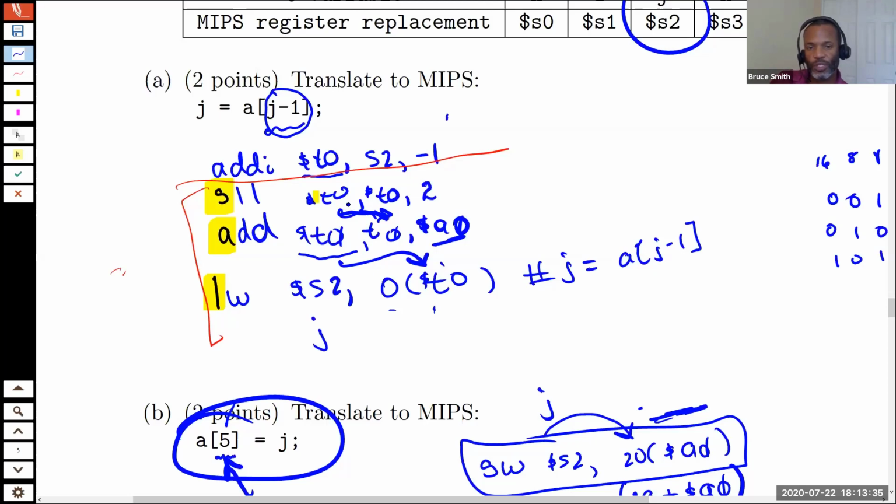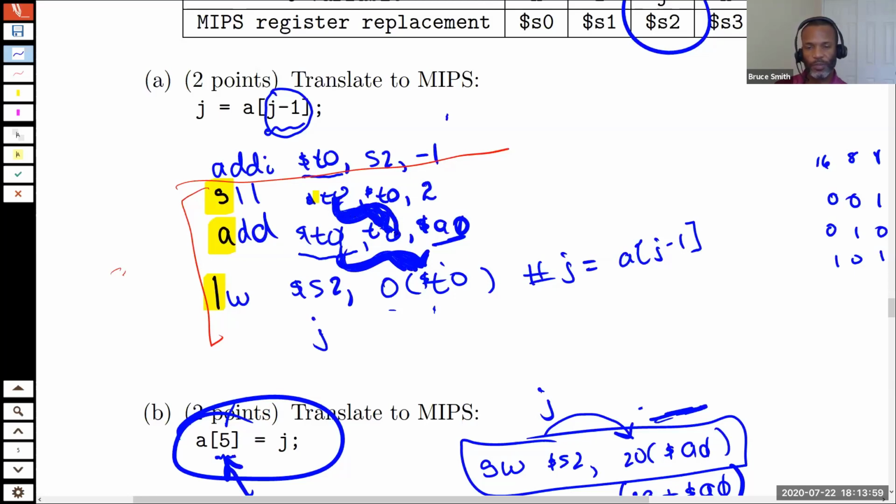But I'm trying to show this pattern here where you get a variable that has the index multiplied by 4. And then once you get the sum, you take the sum and use that. So there's this pattern that makes it a little bit easier to think about. So there are these two patterns.